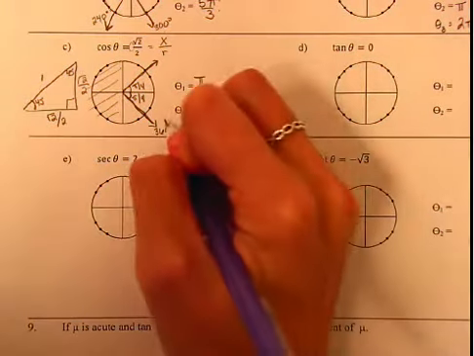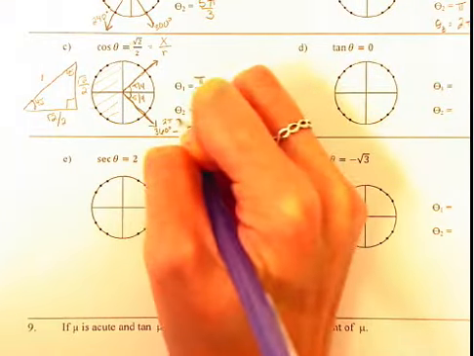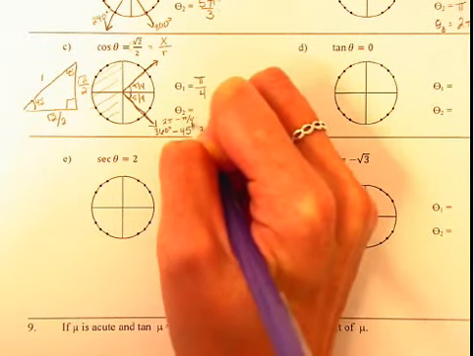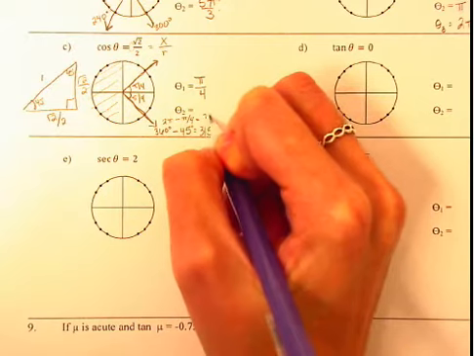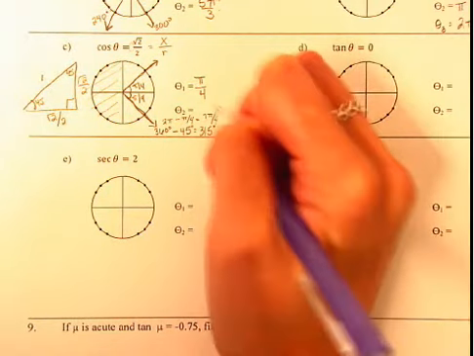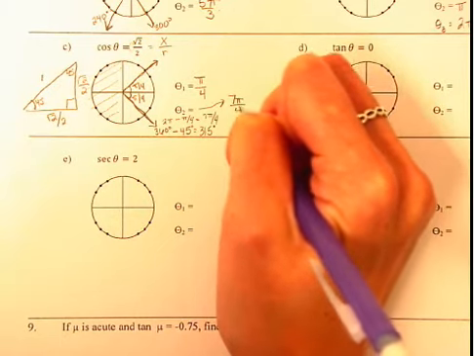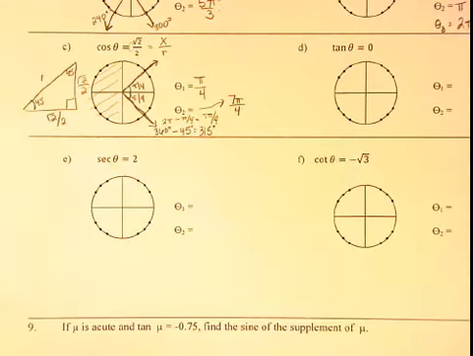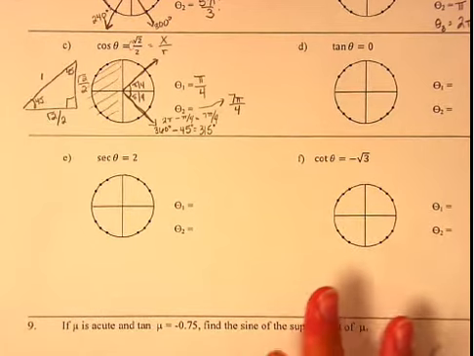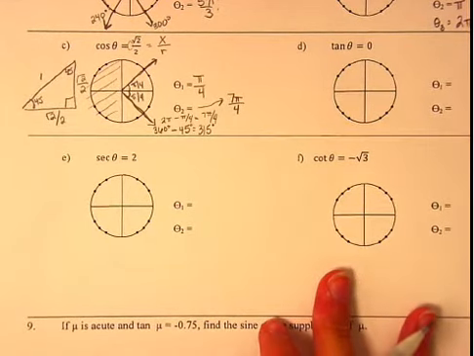Or you could do 2 pi, one full rotation, minus pi over 4, which gives me 7 pi over 4 as my angle. So let's move this out here. So pi over 4 and 7 pi over 4 are my possible theta.